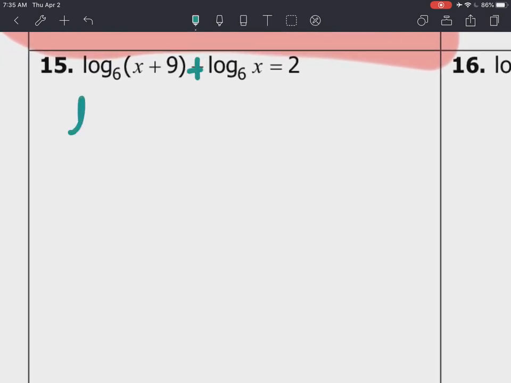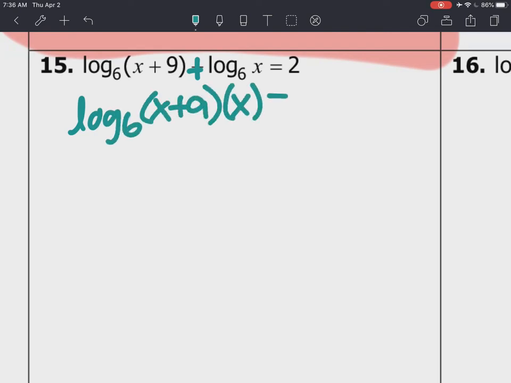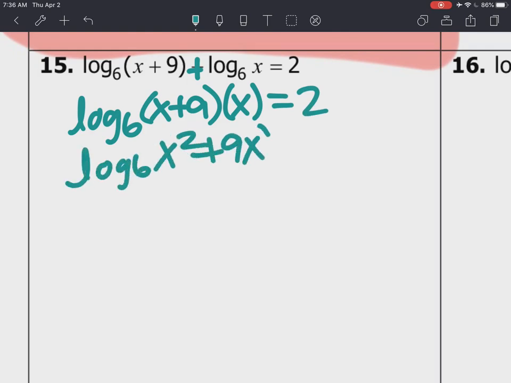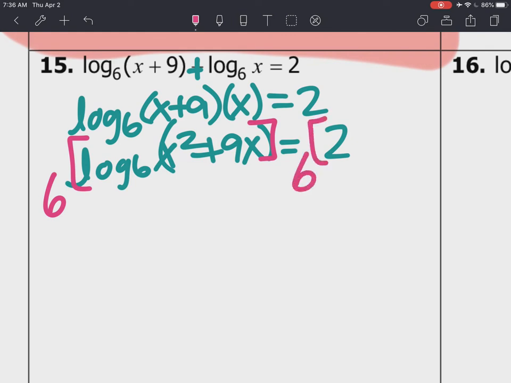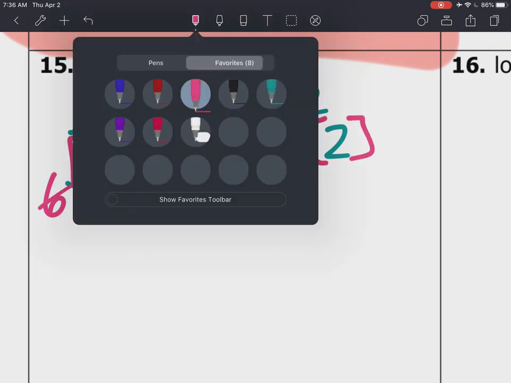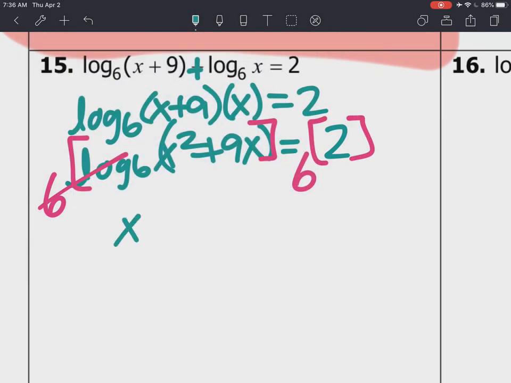Alright, so now number 15. So for number 15, don't forget addition means multiplication. These are your log and exponent rules. So I'm going to multiply both of those to condense the log. So log base 6 of x squared plus 9x. Then I'm going to do the opposite of log base 6, which is 6 to the power of each side.